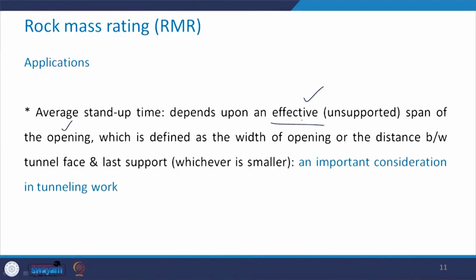So, the average stand up time depends upon the effective span of the opening. That effective span is defined as the width of the opening or the distance between the tunnel face and the last support, whichever is smaller, and this is an important consideration in tunneling work.